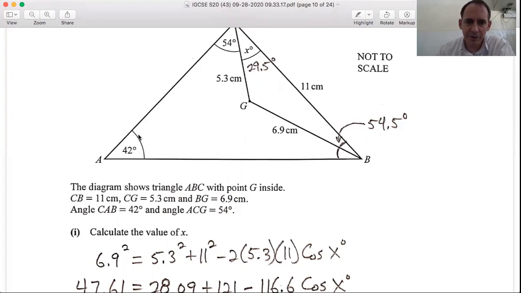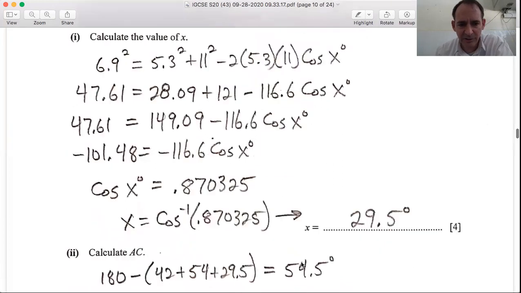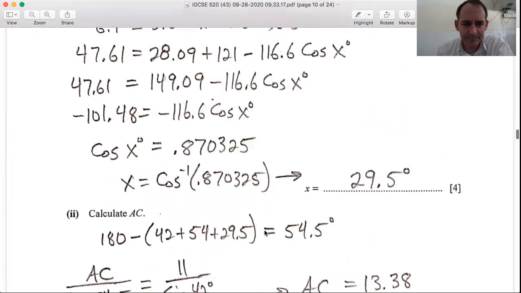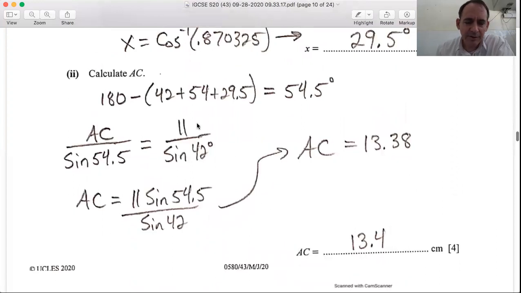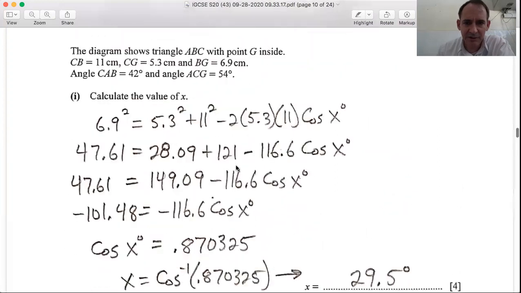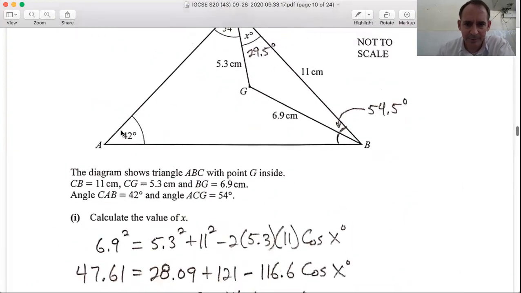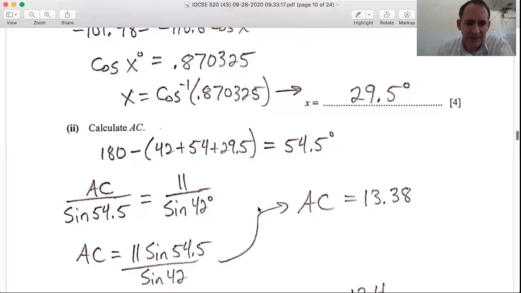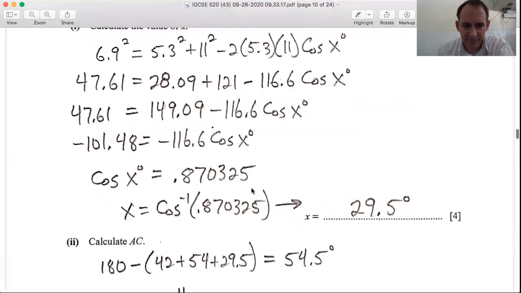So now we have all three angles and one side. So now we can use the law of sines. It wants us to find AC. So 11 over the sine of 42, notice the 11 is opposite to 42, is equal to AC over sine of 54.5.